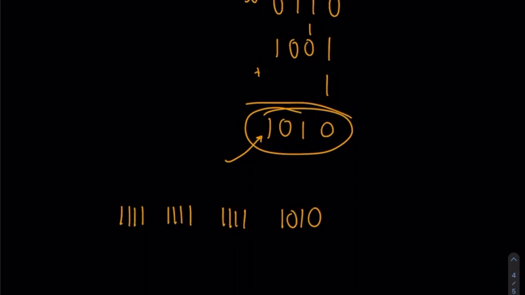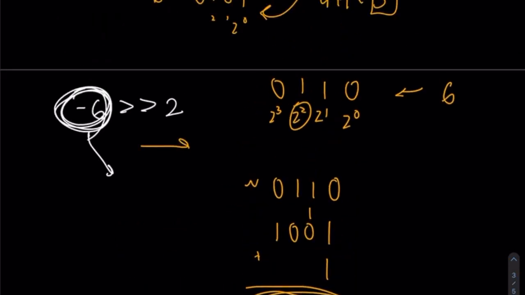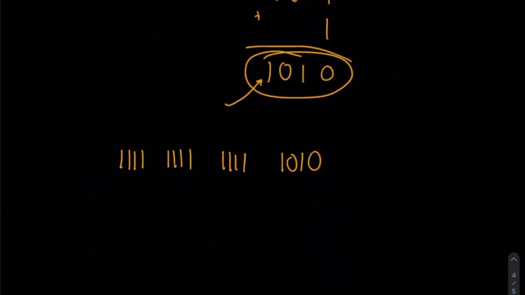So if we had to move this 2 places to the right, we have to move it like a conveyor belt where 0 goes into the machine and disappears, and we replace each digit that's gone into the machine with a 1 because we're sign extending.